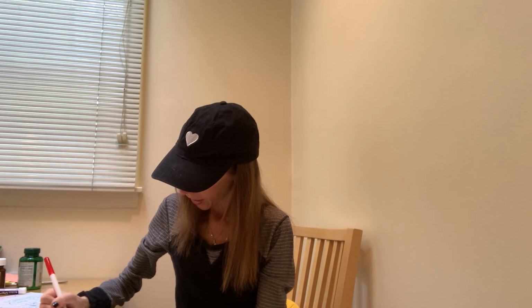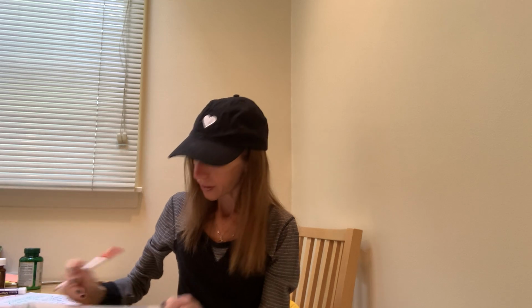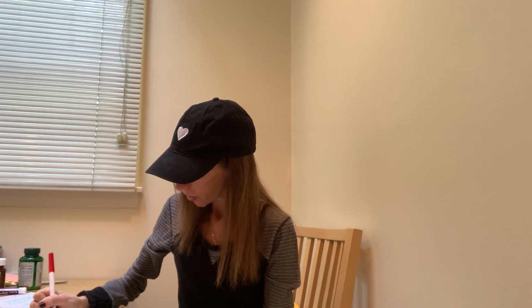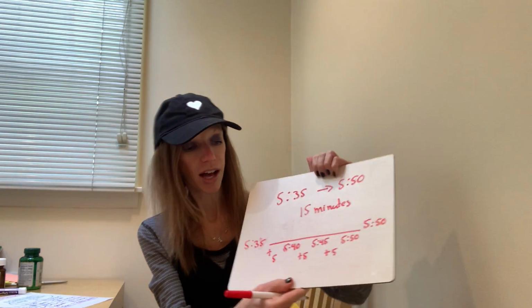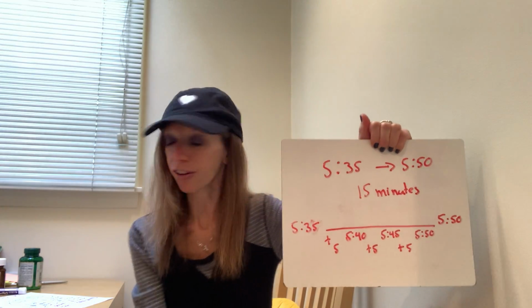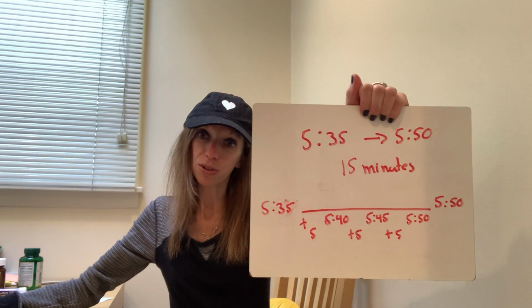Plus 5 is 5:45. Plus 5 is 5:50. And then you count up your 5s. 5, 10, 15. You see we got the same answer. So you can use your clock today, or you can continue to use your number line. The elapsed time is still 15 minutes.